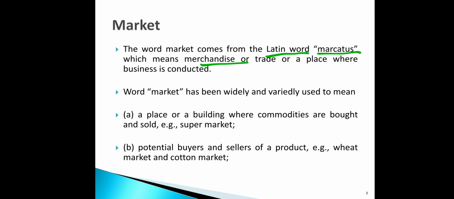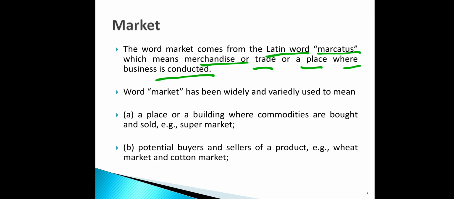So what does merchandise mean? Merchandise means product. It may be the enterprise which is going to sell in a market. So mercatus means merchandise or trade or a place where business is conducted.